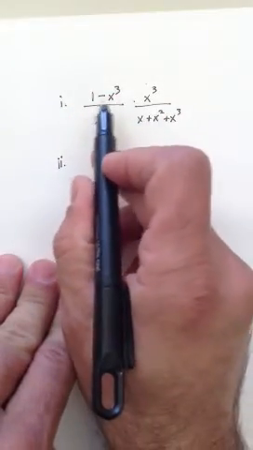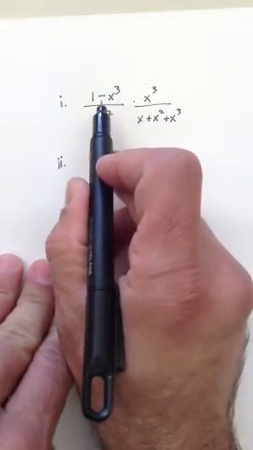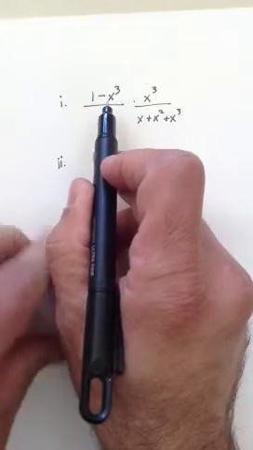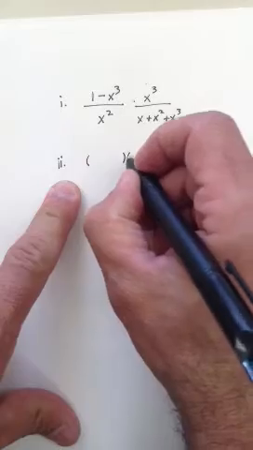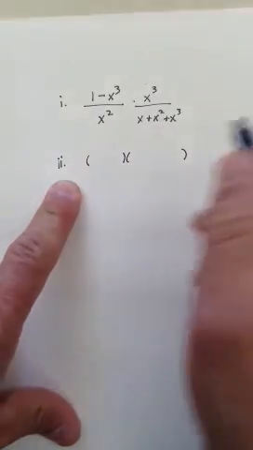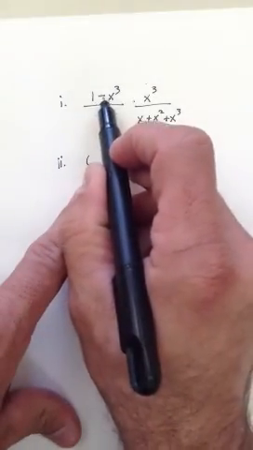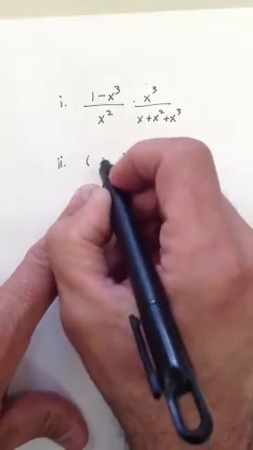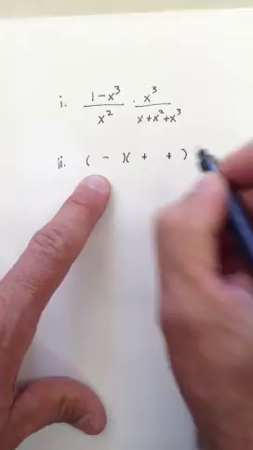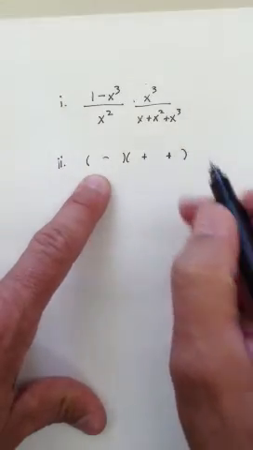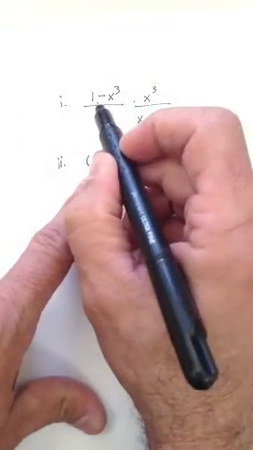I'm noticing that this is a difference of cubes. To remember how to do a difference of cubes, you do a binomial and then a trinomial. You take whatever the sign is, that's what you start off with, then you go opposite, and you always end with a plus. Now let's go ahead and factor that.